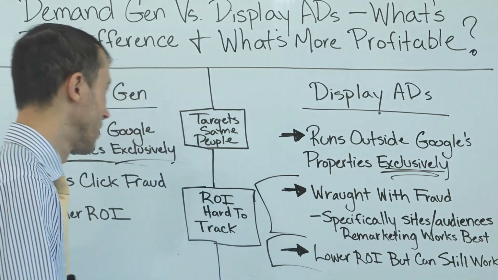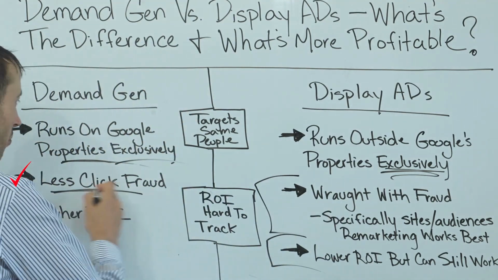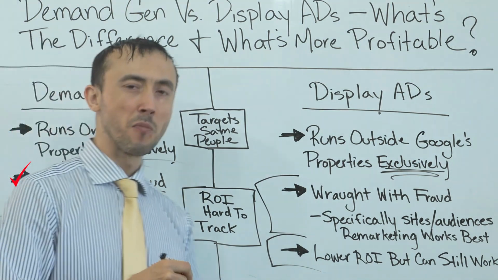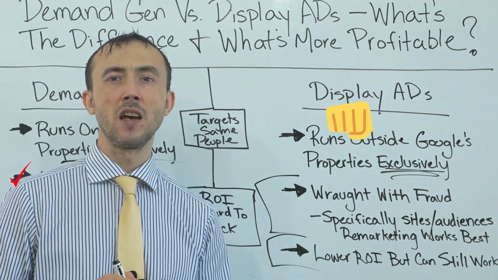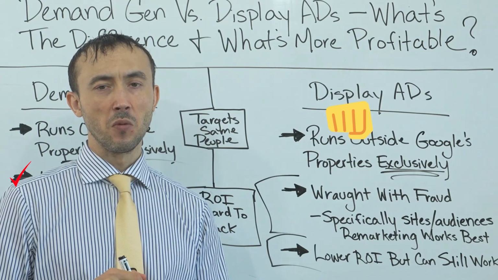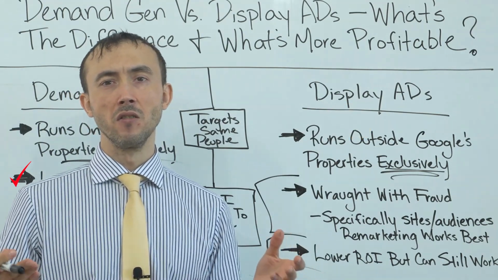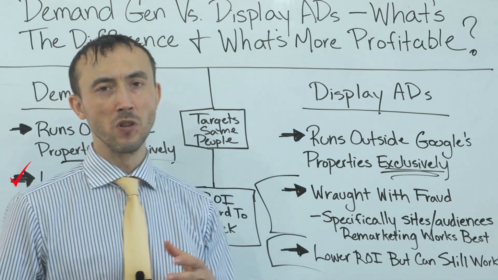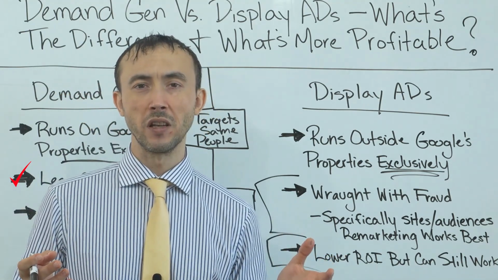There's a lot less click fraud with demand gen ads, as I mentioned, because Google understands how to police click fraud on their own websites, whereas they don't know how to really police it on other websites. Even though they could police it better than they do, they really don't know how to police it completely.